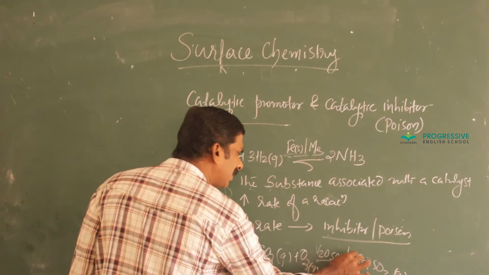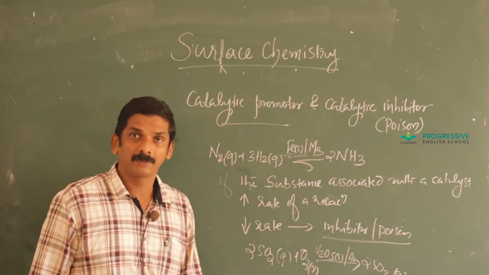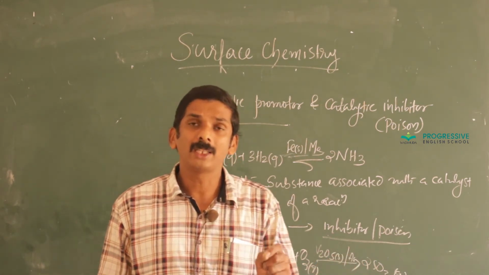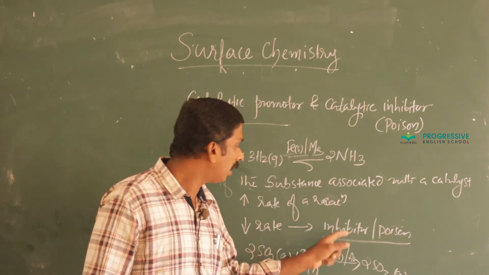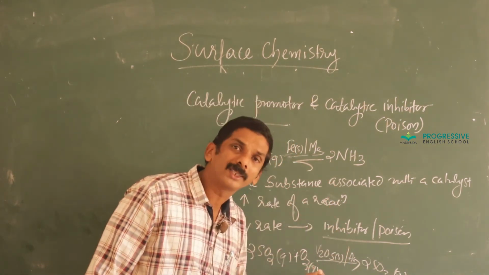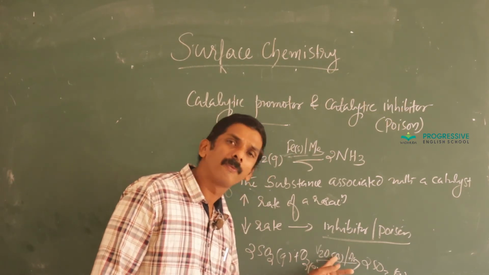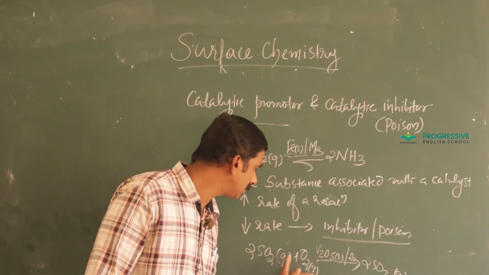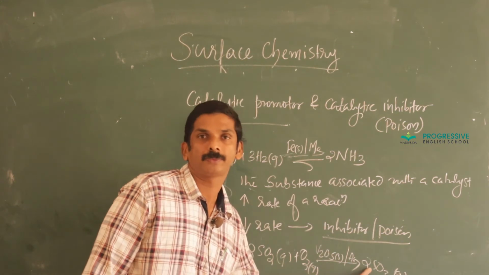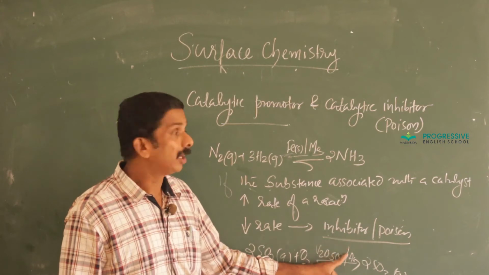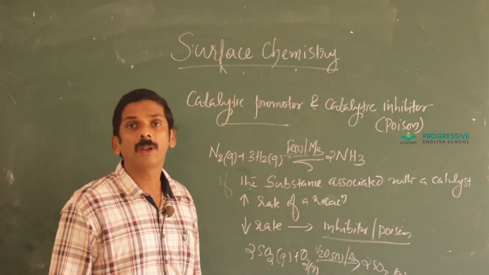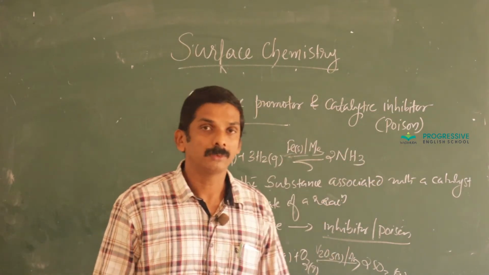If a negligible amount of arsenic is present in that medium, the trace of arsenic destroys the activity of vanadium pentoxide. Therefore, this conversion never takes place. In this reaction arsenic is called a catalytic inhibitor or catalytic poison.